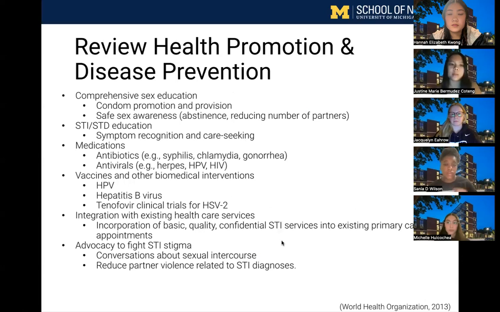So there are many different aspects for health promotion and disease prevention. We'll start with a way to encourage health promotion while preventing STIs and STDs, which is to engage in comprehensive sex education. With this, it's important to emphasize the use of condoms to reduce the transmission of any STDs and to be aware of safe sex practices.